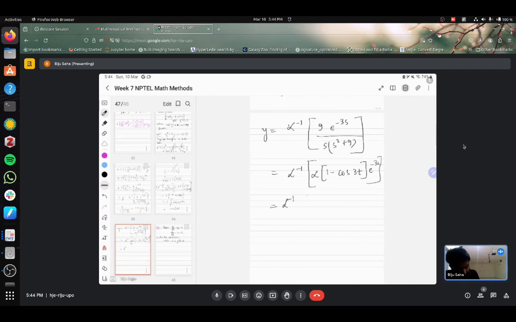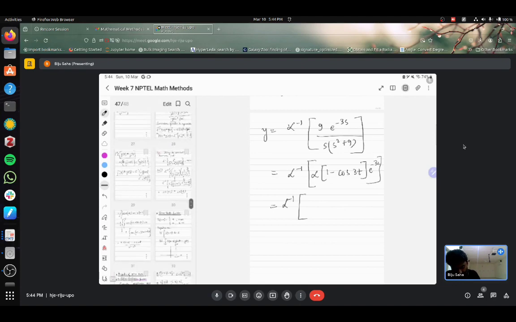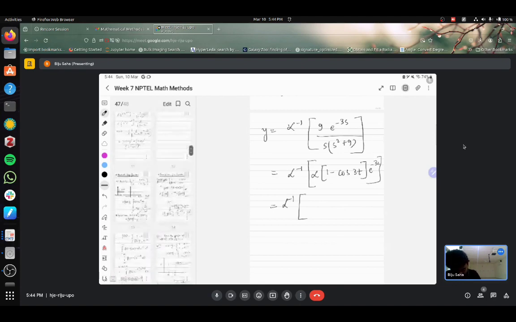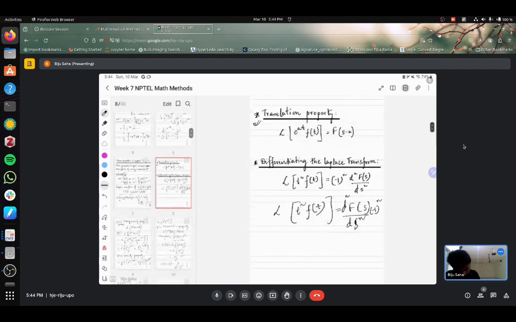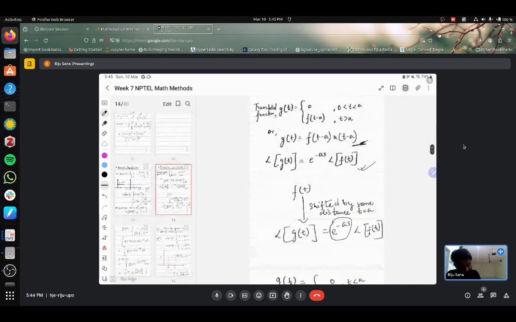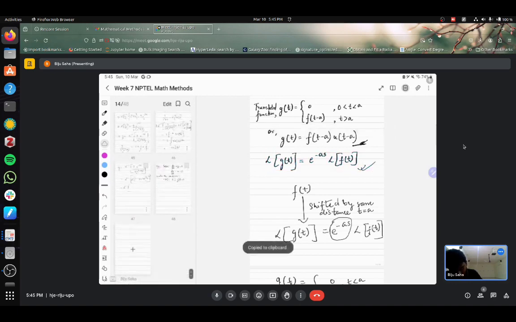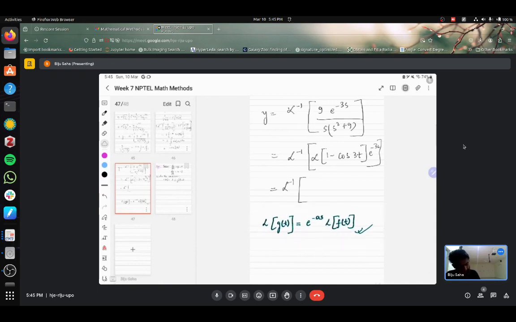So from the shifting property, the step function property that we learned here, you have g(t) given, so basically you have the Laplace transform of f(t) and e to the power of minus 3s given.